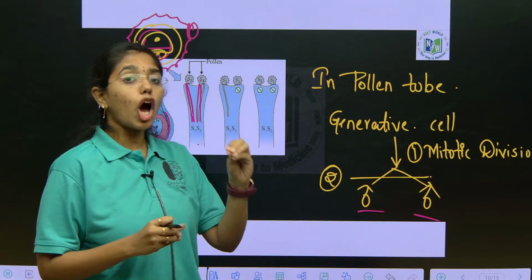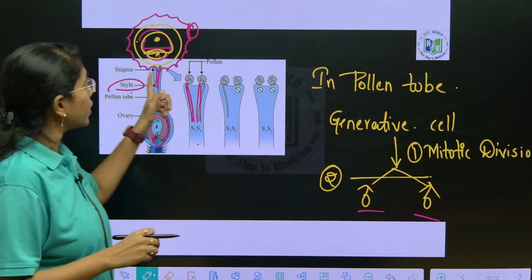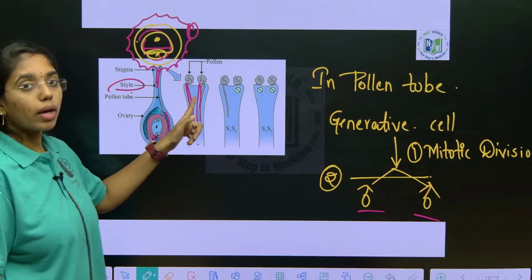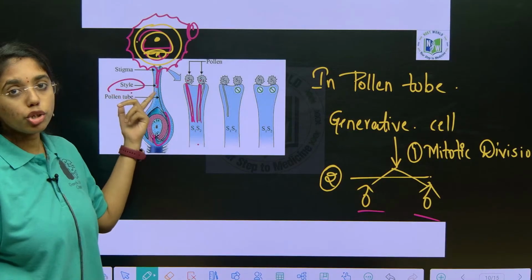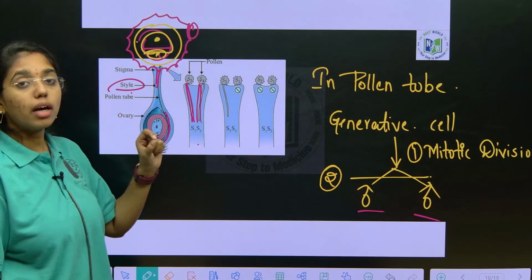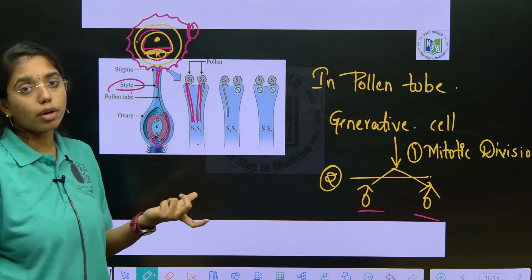There will be a long chemical dialogue between the pollen grain and stigma. Okay. In vitro also we can germinate the pollen tubes. We can help in the growth. We can look at pollen tube growth by in vitro germination.